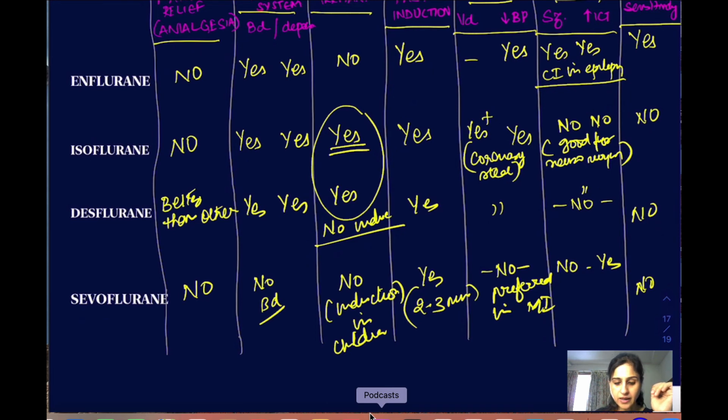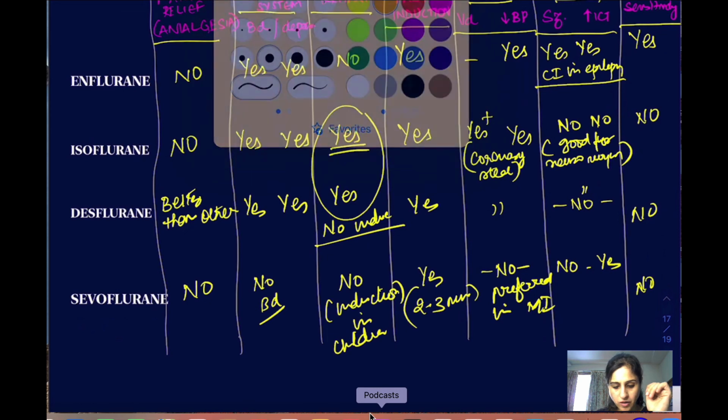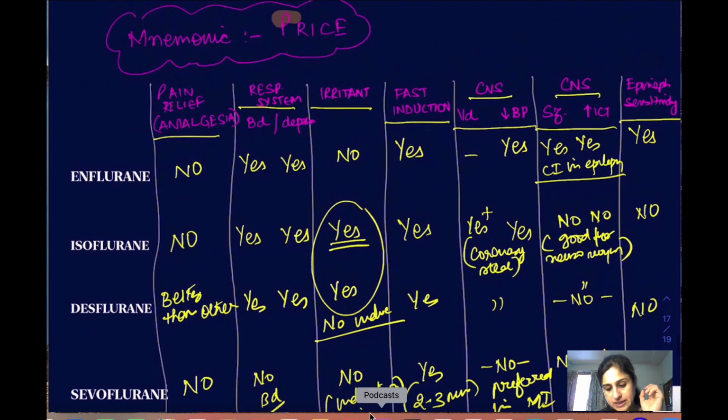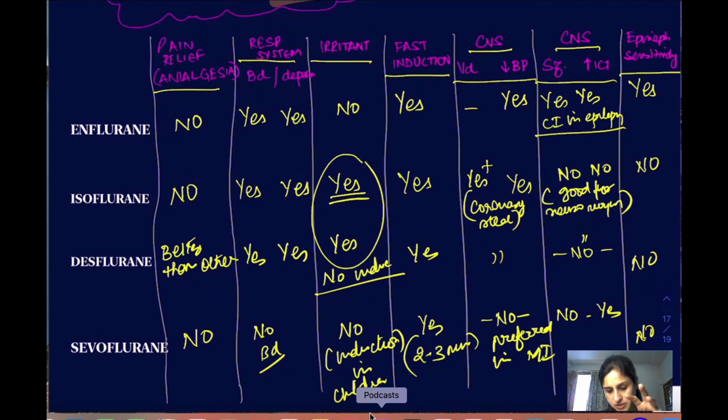Again I am telling you, remember the price mnemonic, and then start visualizing this particular table and memorize it. So enflurane, out of them, you see, all of them are poor analgesics.